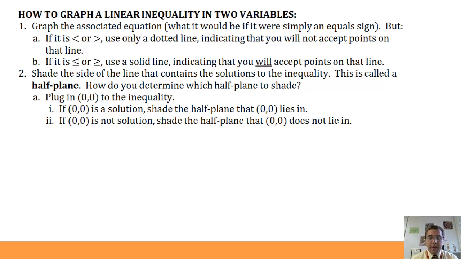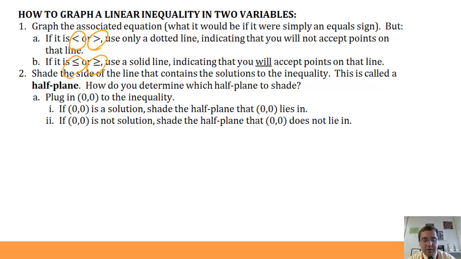But when you're graphing that line, if you have a less than or greater than symbol, use only a dotted line to indicate that you will not accept points on that line. If, however, you have a less than or equal to or greater than or equal to symbol, use a solid line because you will accept points on that line.